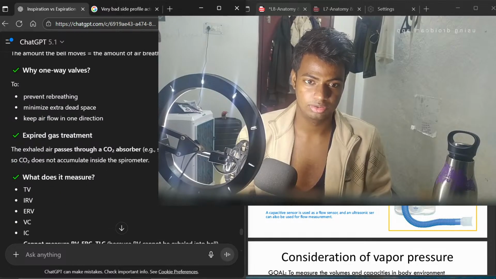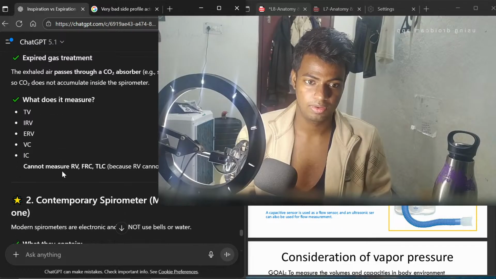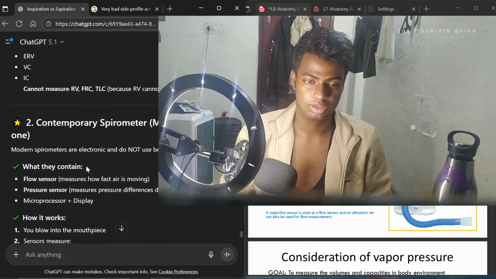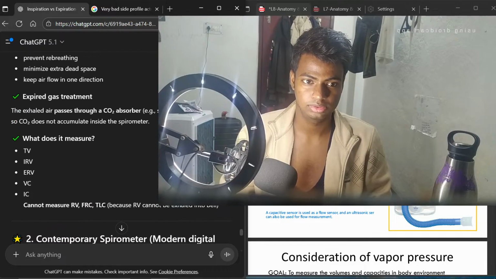The extra air passes through the CO2 absorber, soda lime, so CO2 does not accumulate inside the spirometer. The airway cannot be exhaled into the bell. Contemporary spirometer, the modern digital one.